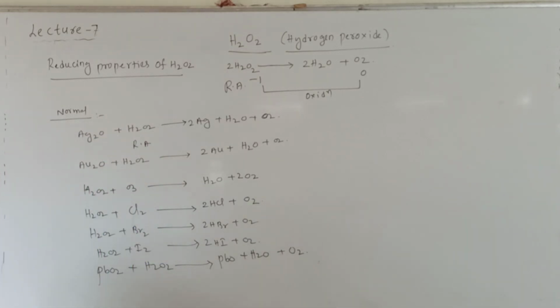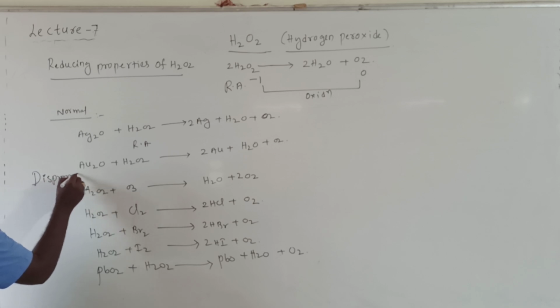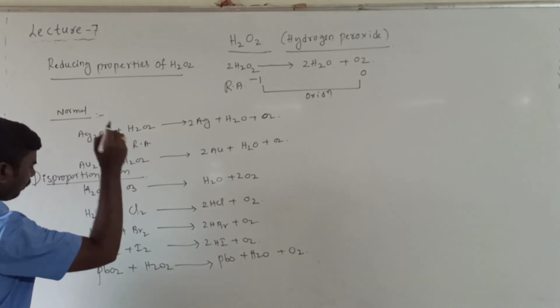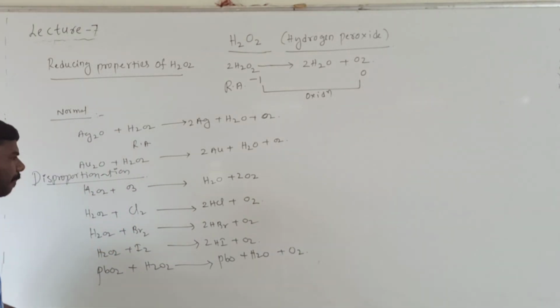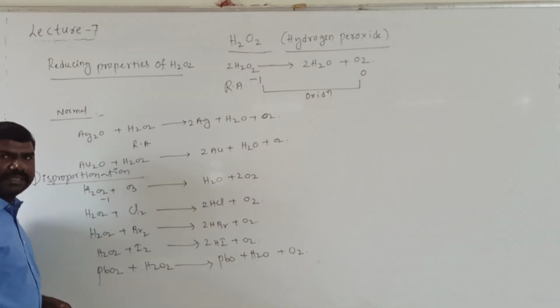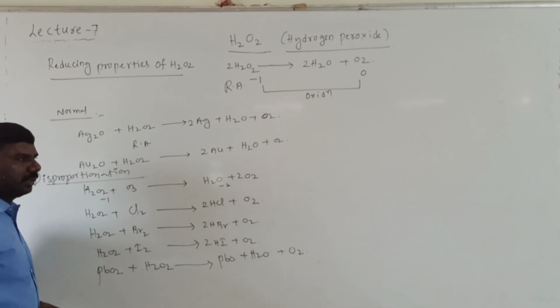And you observe all these reactions, especially disproportionation reactions. Disproportionation reactions, very, very important, clear. Just observe, oxygen will be -1 in peroxide. Here it is -2, normal oxygen.